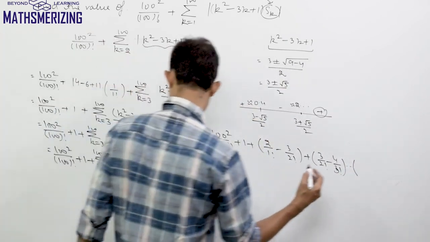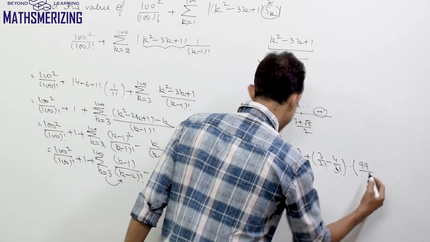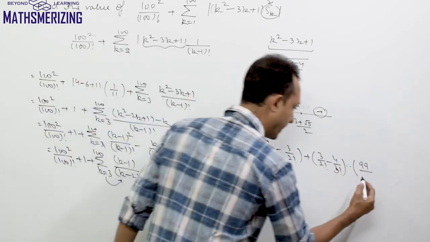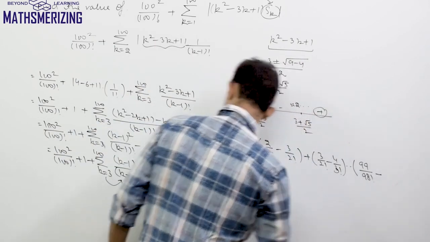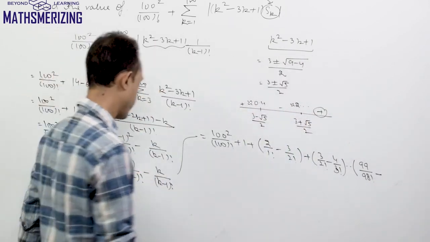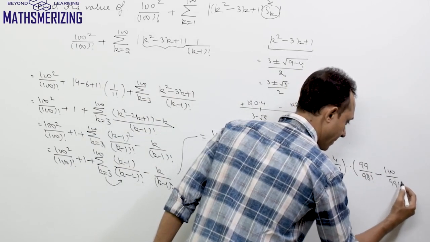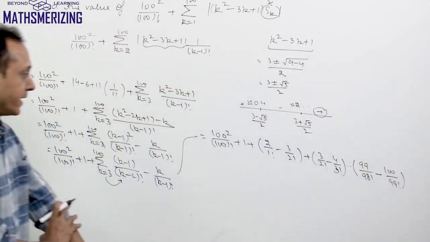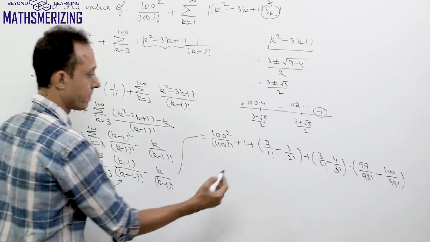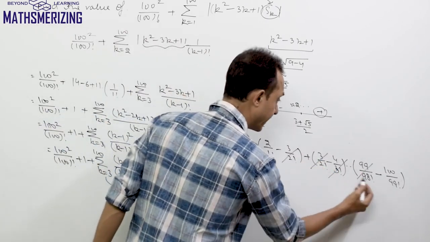So here I'll get 99 upon factorial 98 minus 100 upon factorial 99. Now if I add them, these terms will get cancelled.